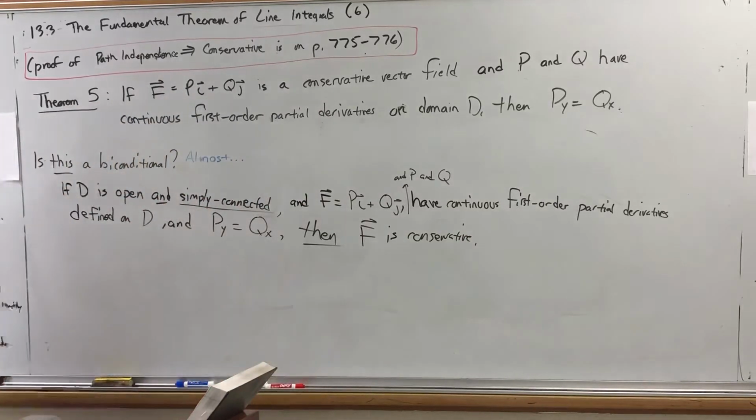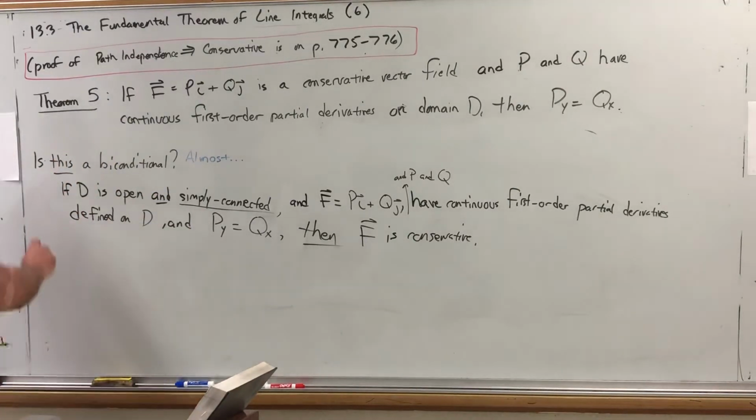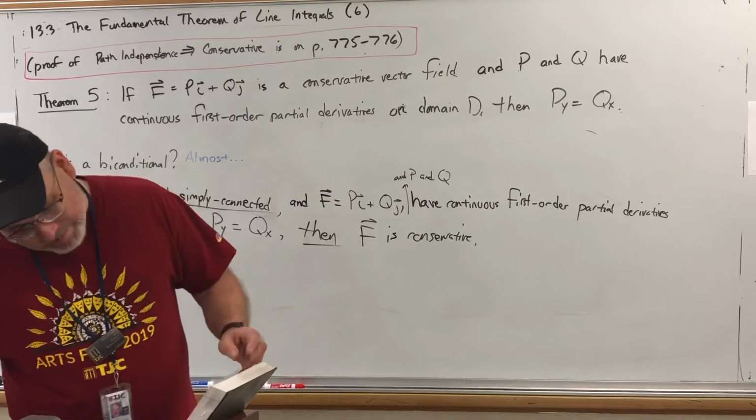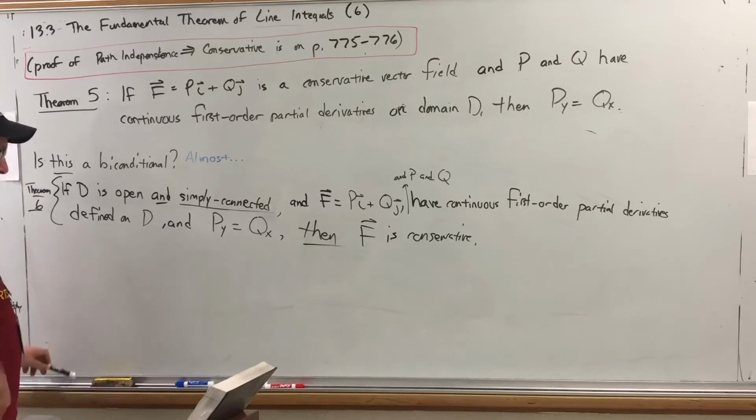So this theorem is almost a biconditional, meaning that you can read it in both directions. This whole mess here is actually Theorem 6, and both of these theorems can be found on page 777. It's a lot to say just to draw the conclusion f is conservative, but let's just summarize it nicely.